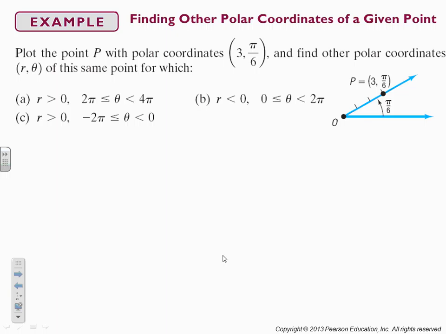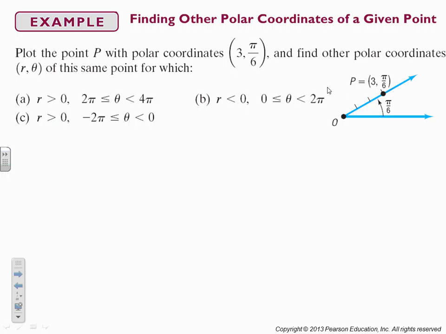Okay, so we're going to plot point P with polar coordinates 3 comma pi over 6 and find other polar coordinates r theta that have the same point. So here is our pi over 6 with a radius of 3. So the first one we're going to look at is when we have a positive radius, but our angle is between 2 pi and 4 pi.